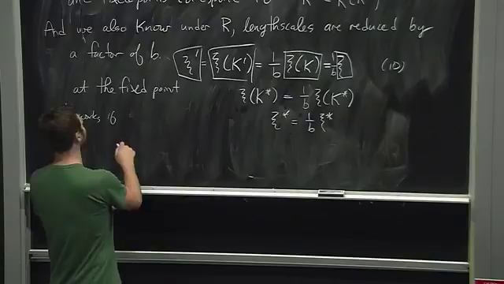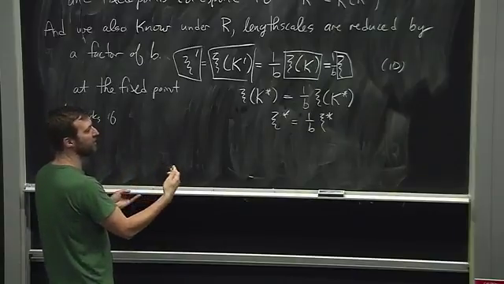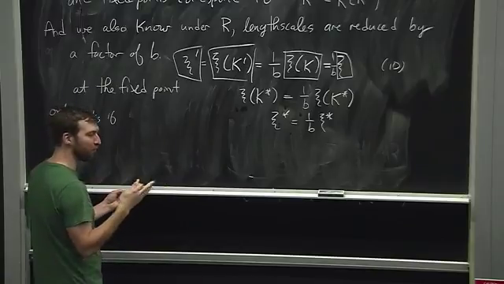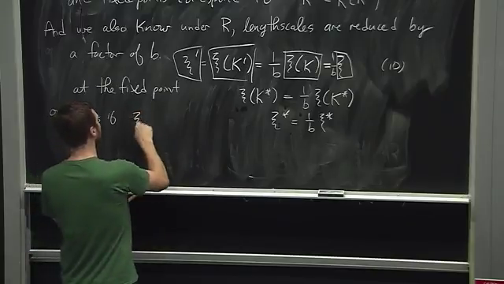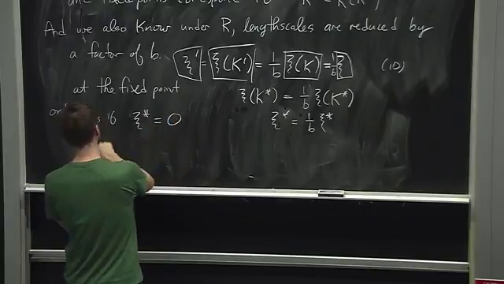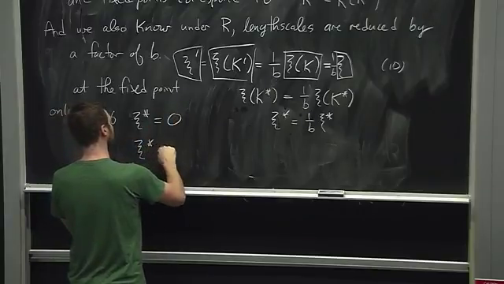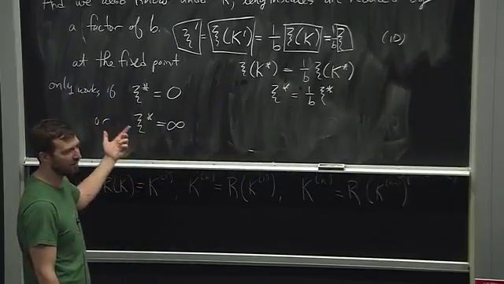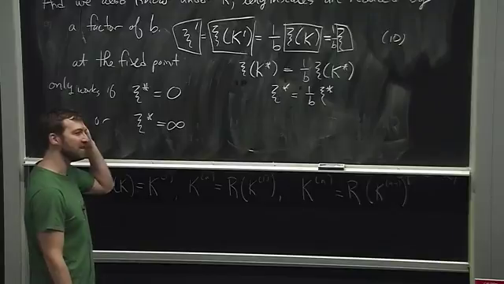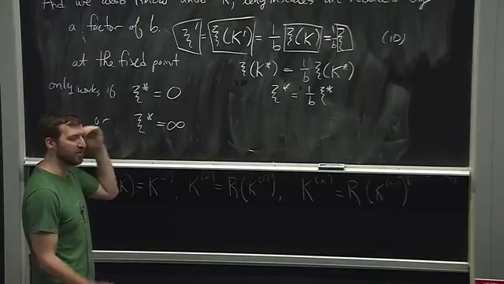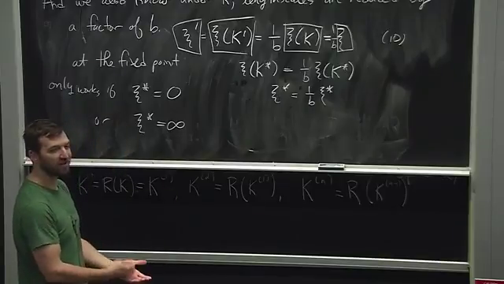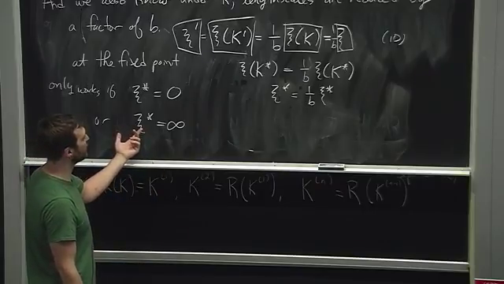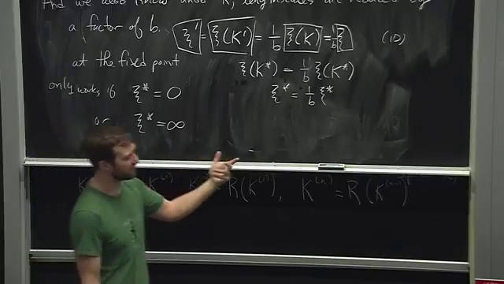All I'm saying is that intuitively, this can only be true if you've flowed to a state where this thing is 0 or this thing is infinity. And we've already been thinking about this case. Somehow the point with the RG is that the only characteristic length scale in this system has diverged, and so there are no longer any length scales.